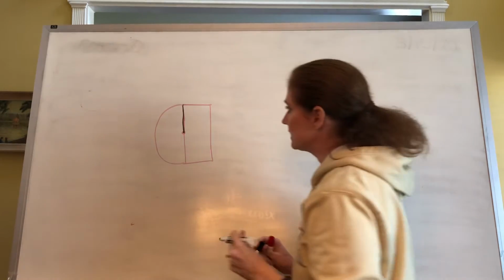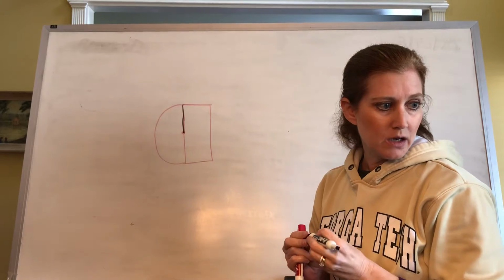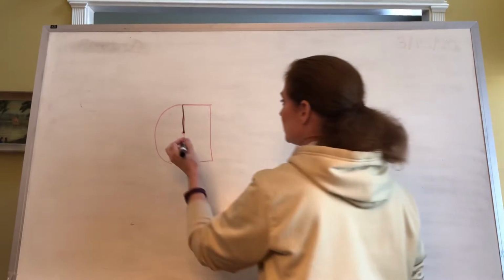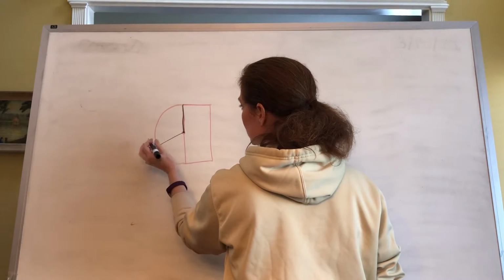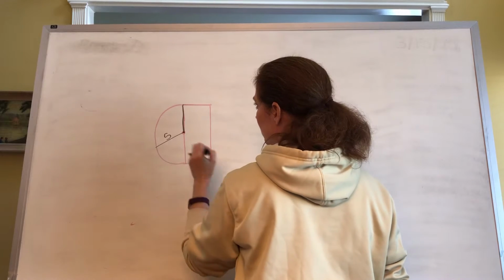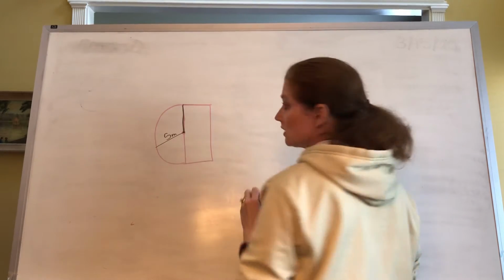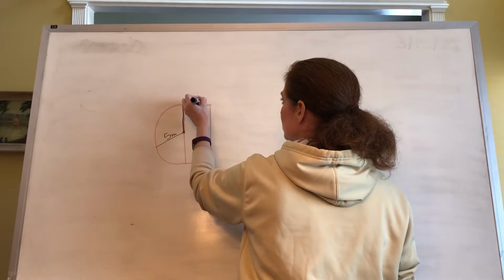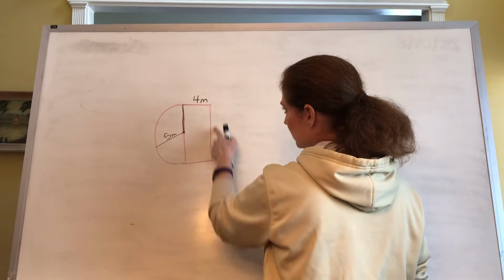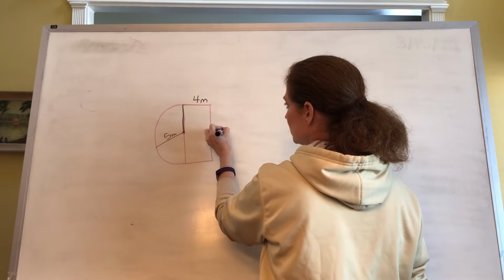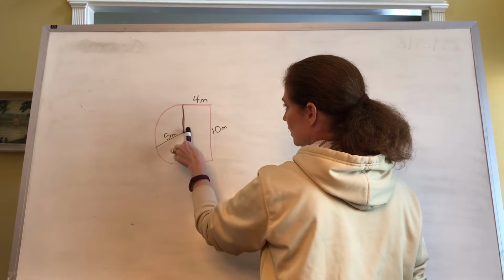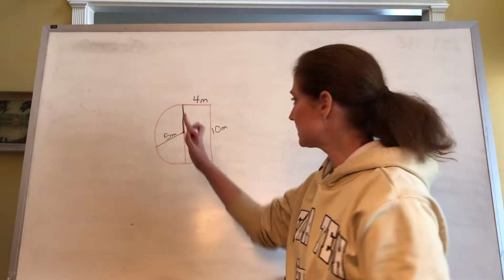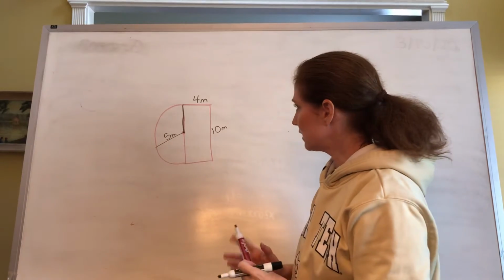That would be the radius of that semicircle. If that radius was 5, let's say meters, and then this is 4 meters, this length, of course, is going to be 10 meters because it's going all the way across, because it's the diameter, but also the side of that rectangle.